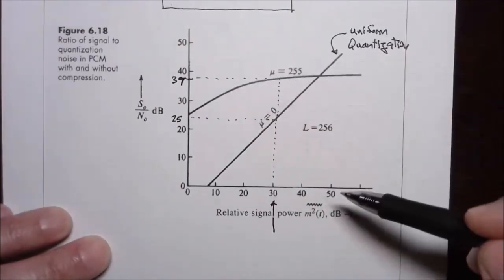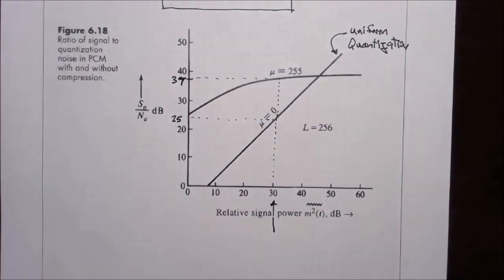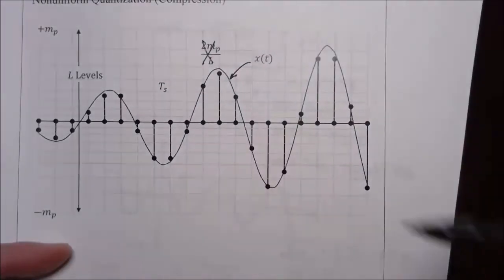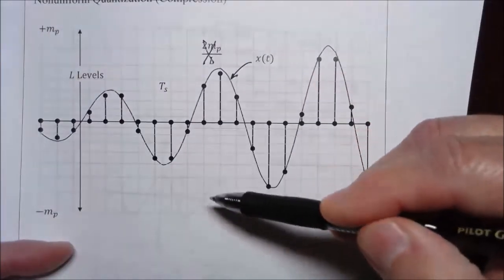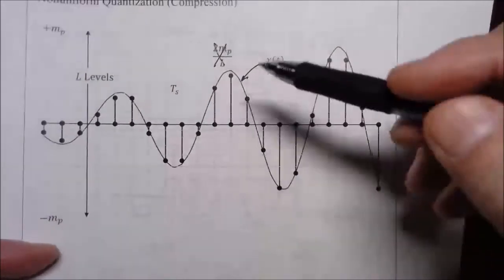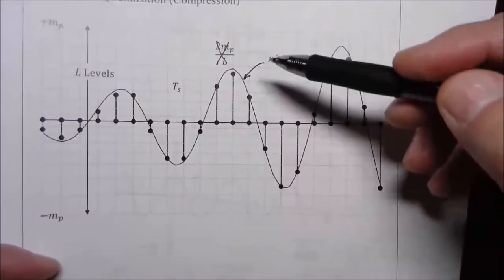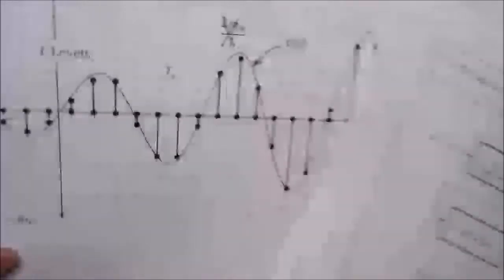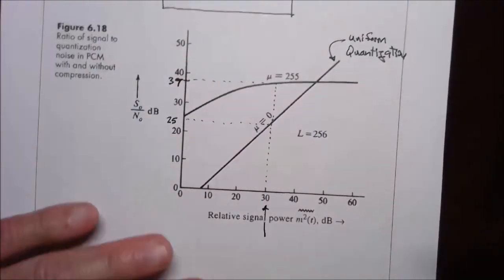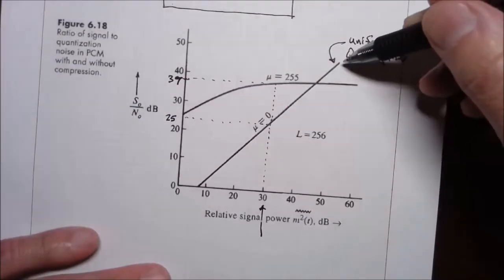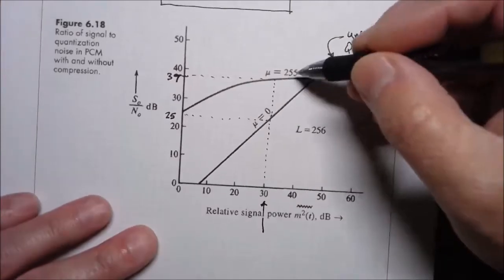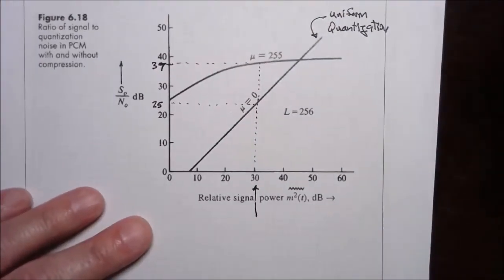However, if we have more signal power, which is to say, if we look back at our graphic illustration here, if our signal spends more of its time at these higher magnitudes, where we are getting less accurate quantized values, then there becomes a point where the compressor is not helpful for us.